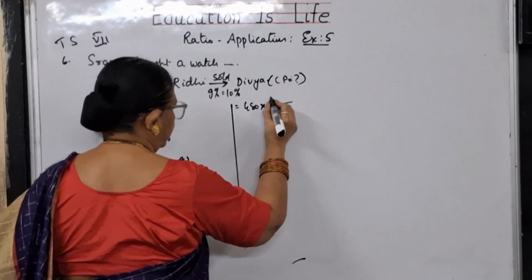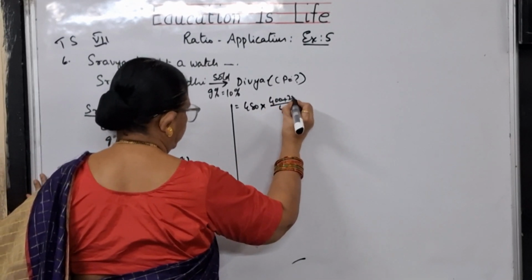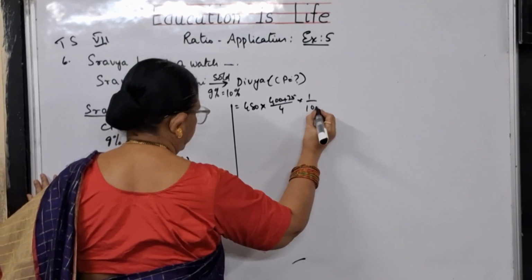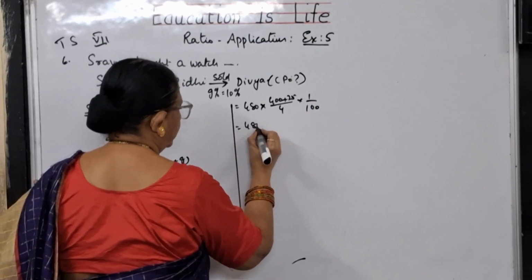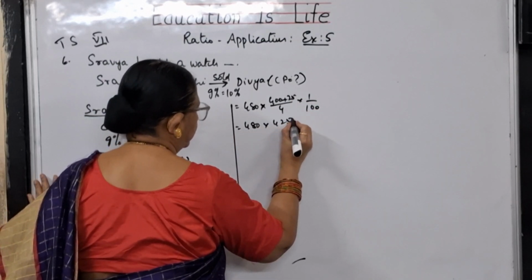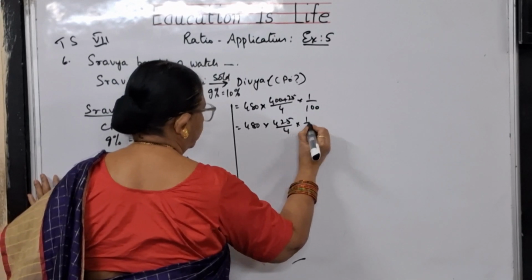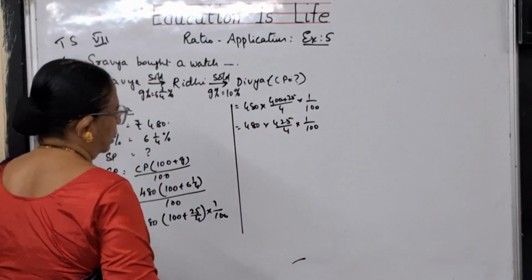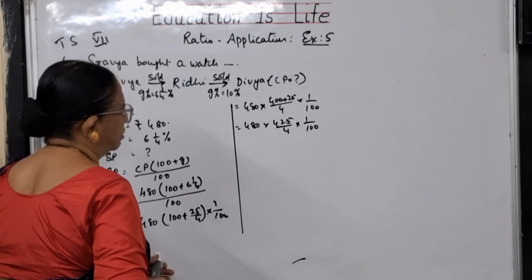This is 400 plus 25, so 480 into 425/4 into 1/100. Is my calculation clear, children?